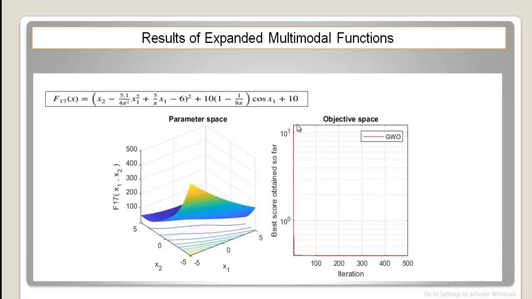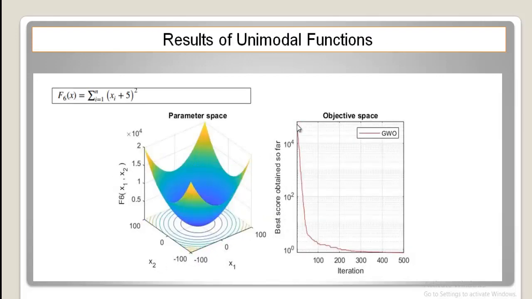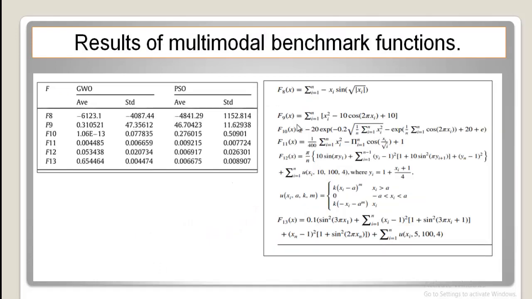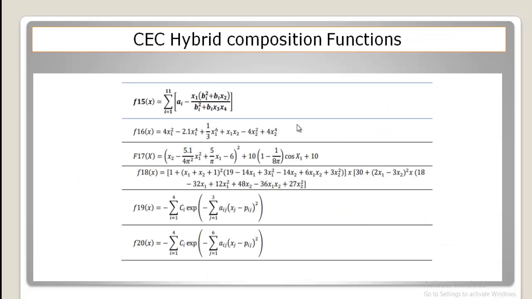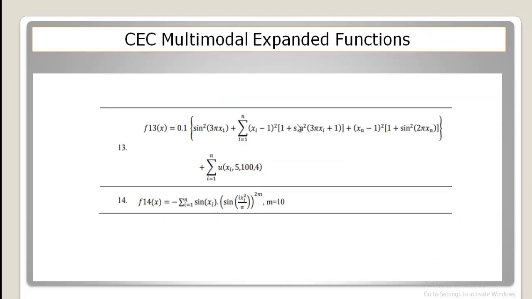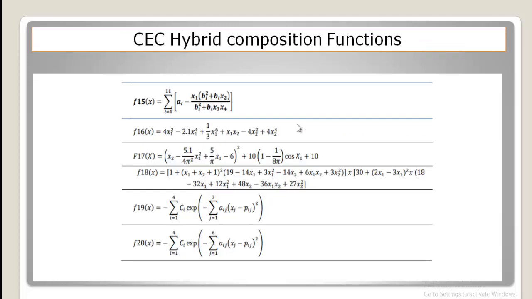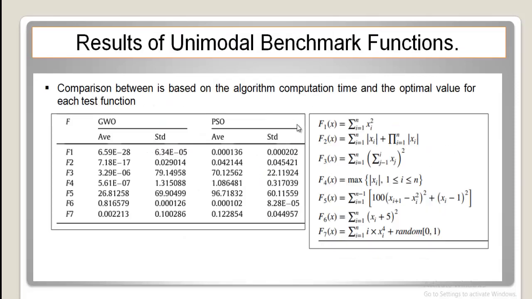The expanded functions from function 12 to function 14 are more complex versions of the multimodal functions, designed to further challenge optimization algorithms with even more complex equations. And finally, we have the hybrid composition functions, from function 15 to function 20.